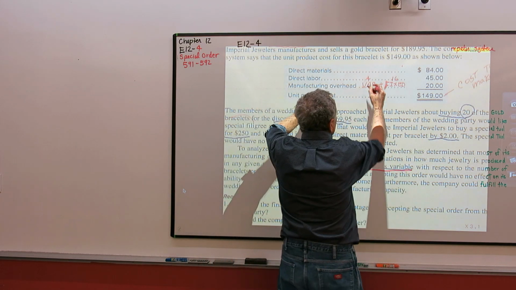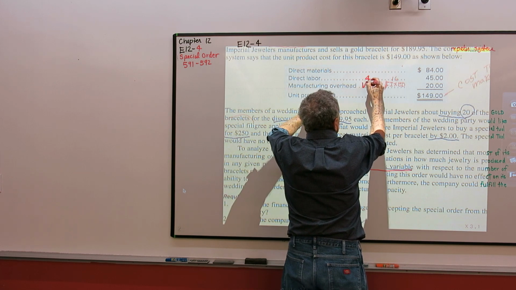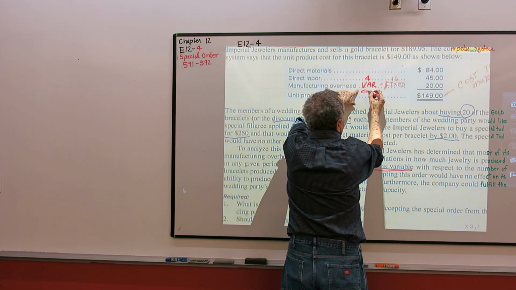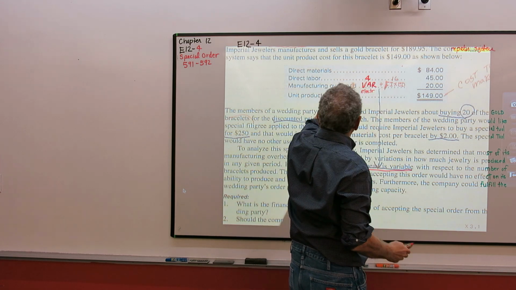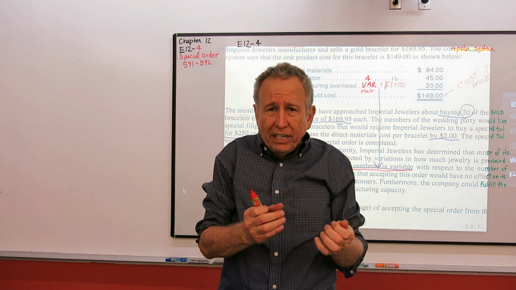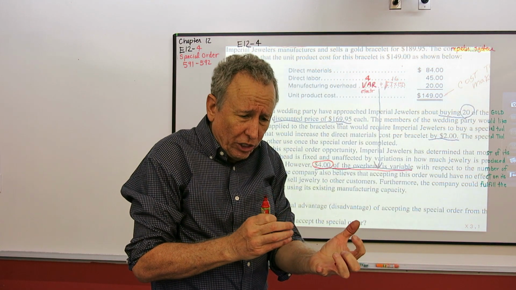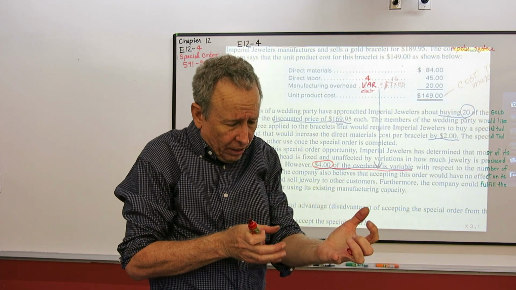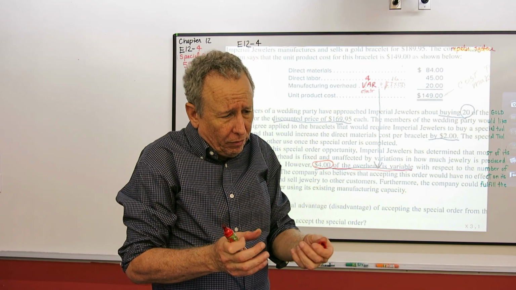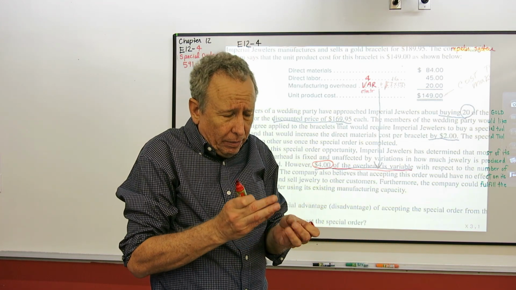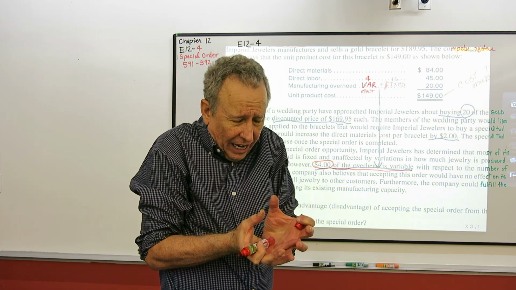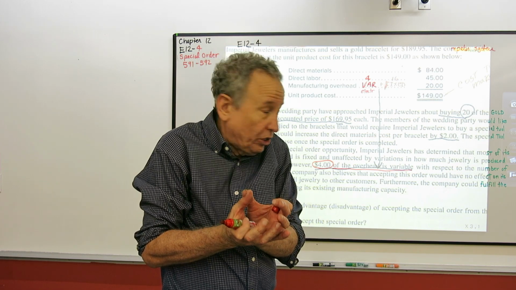That's very important. Let's write that down even bigger, variable. Do you remember what variable overhead is? It's mostly electricity. To make something like a gold bracelet, they're going to be using intricate tools, and many of them are going to be power tools that shave and blade and shine, and some are going to cut and mold little hooks or attachment devices that hold the jewels and the diamonds.